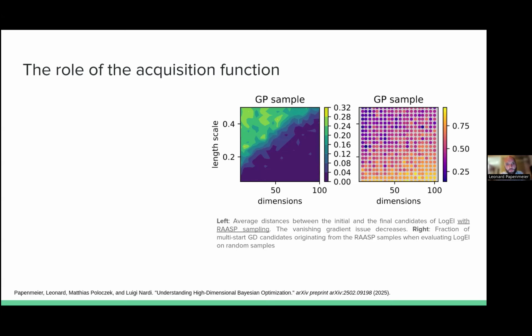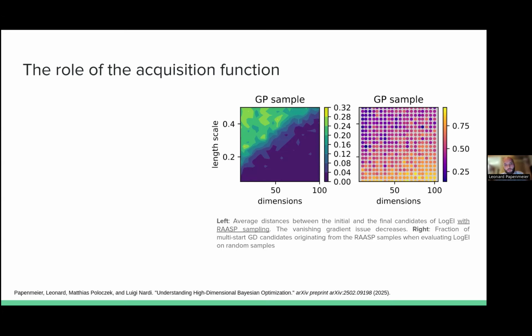Here, the left figure is basically the same figure as before, but we changed the way we optimize the acquisition function. So before we drew 512 random points from a scrambled Sobol sequence globally, but now we also add local samples. We call those RASP samples. RASP is random axis-aligned subspace perturbations.